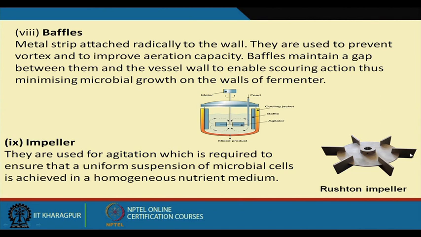This number of blades plays a very important role, because if it is not optimized, there will be tremendous vibration of the fermenter. So in industry, we try to optimize which combination gives the minimum vibration in the fermenter, because a lot of vibration is undesirable; some connection may become loose and a contamination problem will take place.